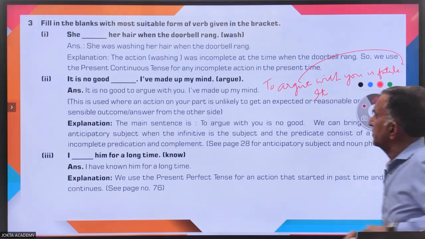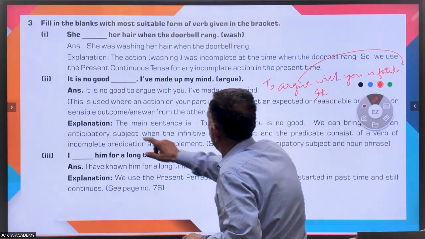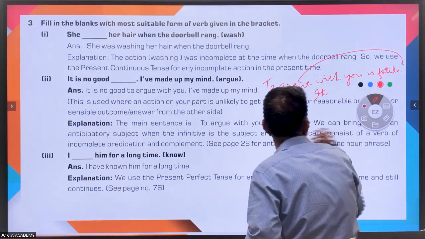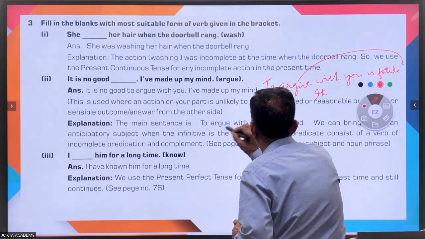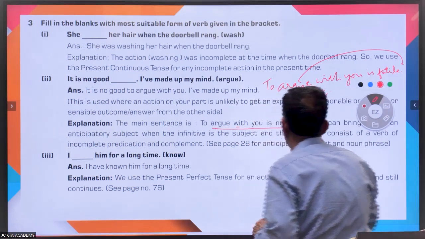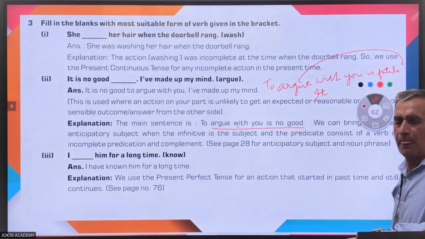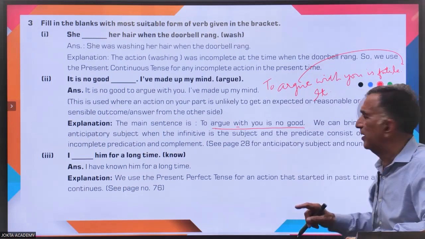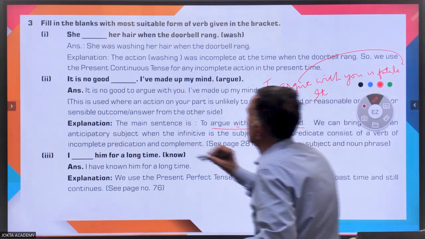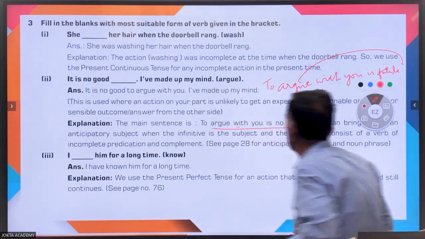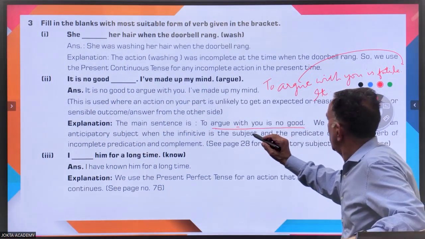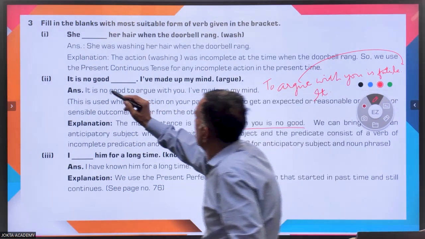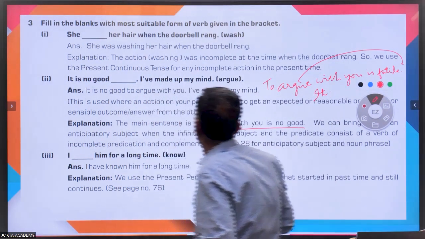So the sentence is, to argue with you is no good. When we have this kind of sentence, we can bring it from outside and the main subject goes after the predicate. It is no good to argue with you. I have made up my mind.